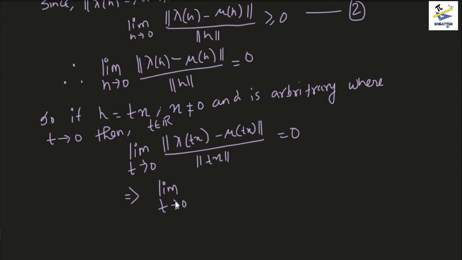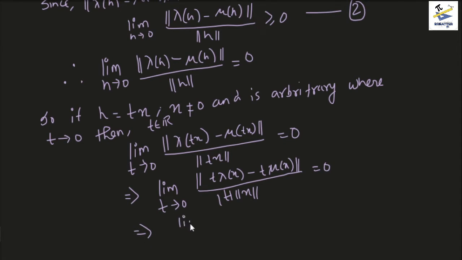since lambda and mu are linear operators, and t is a constant, we can write this as t into lambda of x minus t into mu of x divided by mod of t into norm of x equals 0.